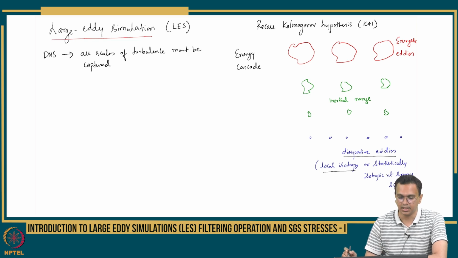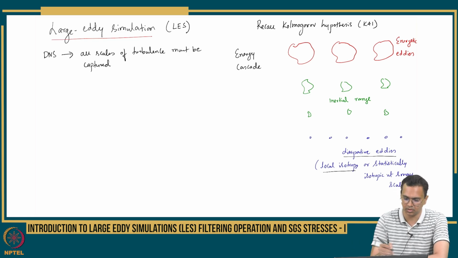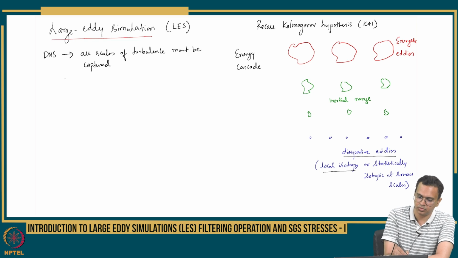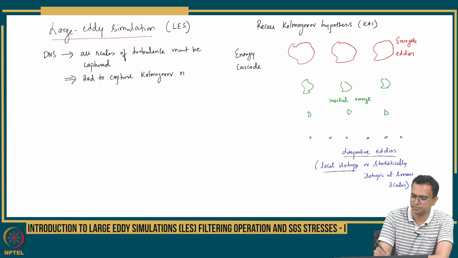So one challenge in the DNS was the scale separation, right? The eta was so tiny, you had to capture the Kolmogorov microscales.